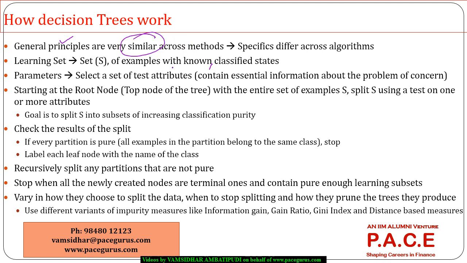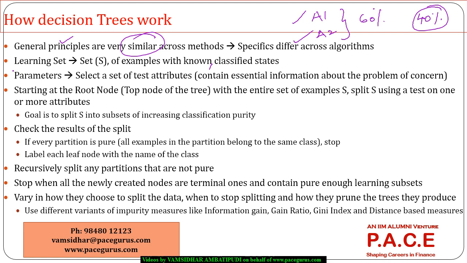They are very much similar. If I take algorithm 1 and algorithm 2, probably 60% is similar between the two, and only 40% is specific to each one of them. The specifics differ across the algorithms, but the general principles behind the building of the tree are more or less common.